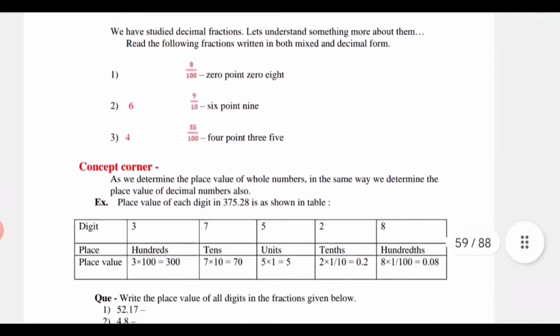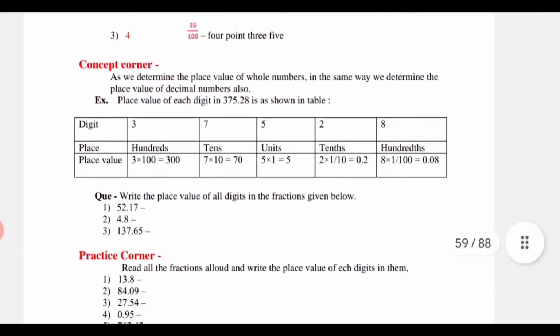Now concept corner. In concept corner, as we determine the place value of whole numbers, in the same way we will determine the place value of decimal numbers also. The place value of each digit in 375.28 is as shown in the table. One example is solved here. We have been given this number, 375.28, and we have to write its place and place value.